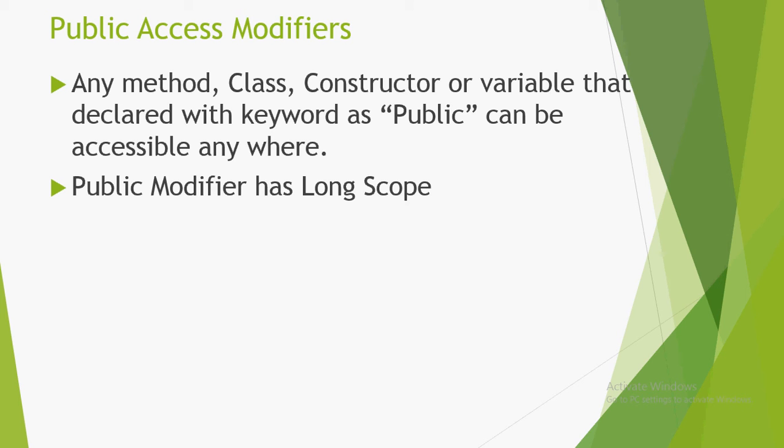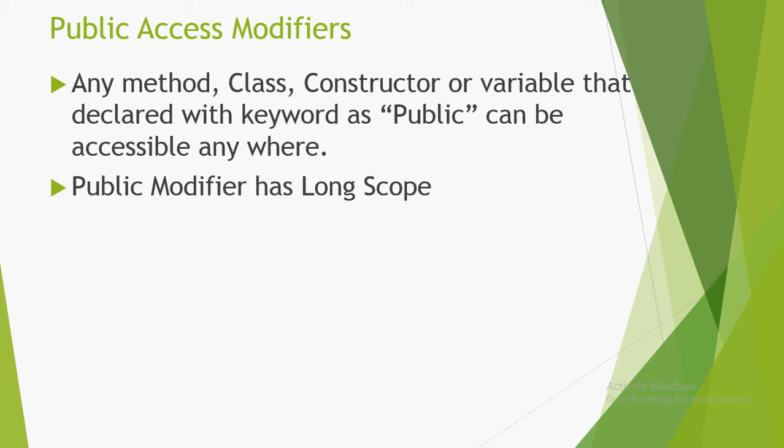Now we are going to discuss public access modifiers. Public, by listening to this word itself, we are able to tell that these access modifiers will be accessible everywhere. They have a long scope. I mean, if we declare any variable with public, that variable will be accessible everywhere.